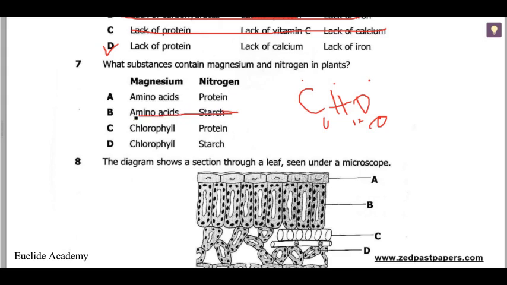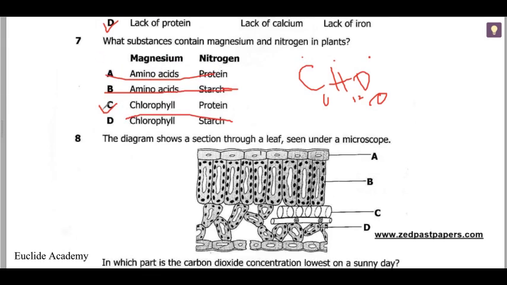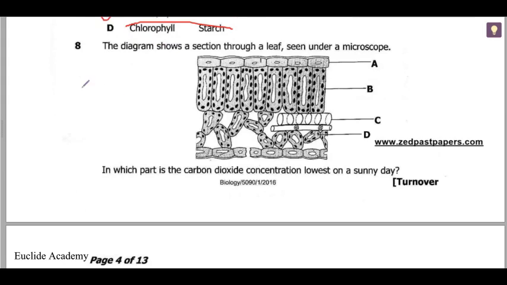We don't have nitrogen, so wherever there's starch, you eliminate. You are left with two, protein and amino acids. Now, magnesium is found in chlorophyll, which is used in photosynthesis. So this is the correct answer, not amino acids. Magnesium is not found in amino acids. So this one is wrong. For question 7, the correct answer is C.